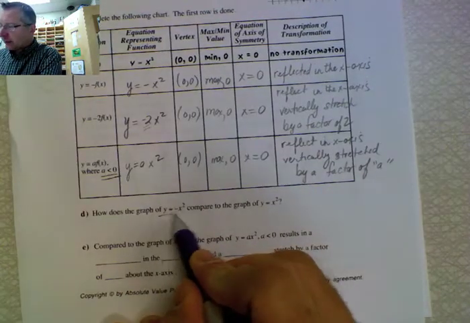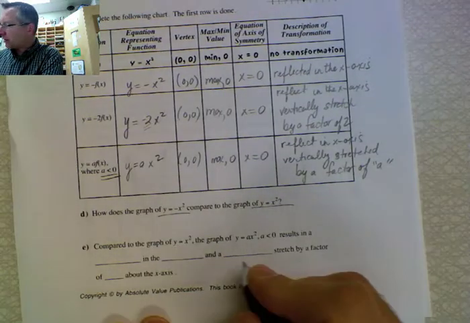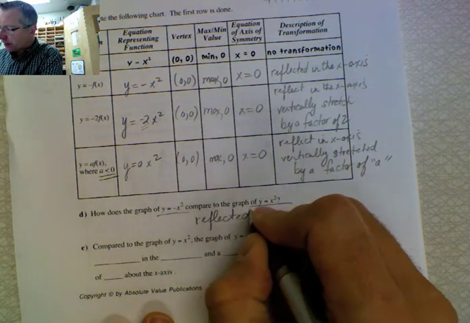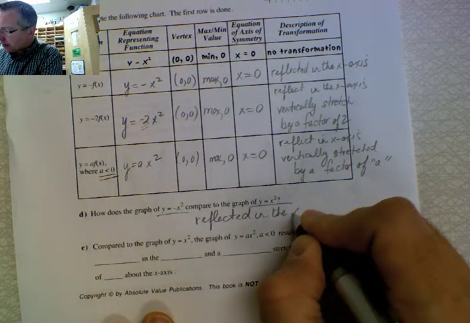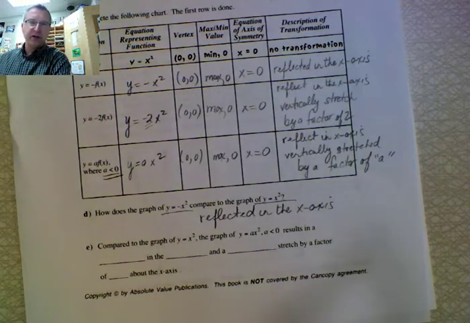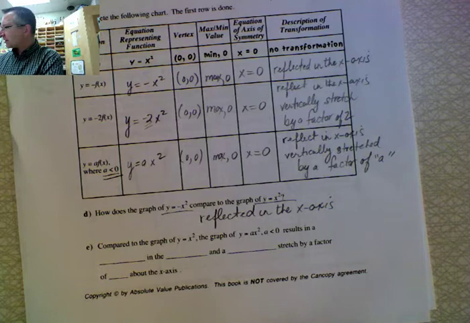So again, if we compare -x squared to +x squared, what's going to happen to this graph? It's going to be reflected in the x-axis. Really important that you know that that negative quantity in front reflects this in the x-axis.